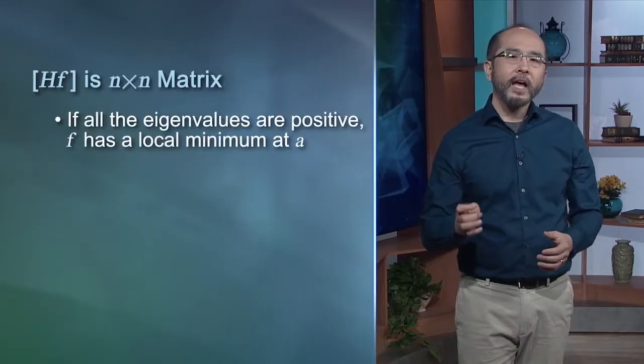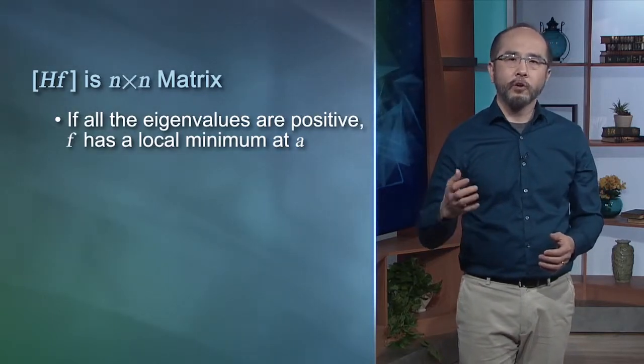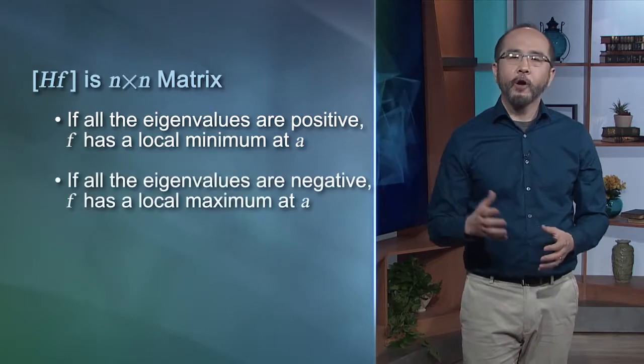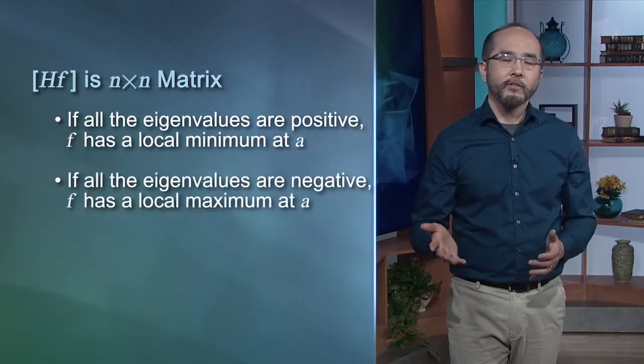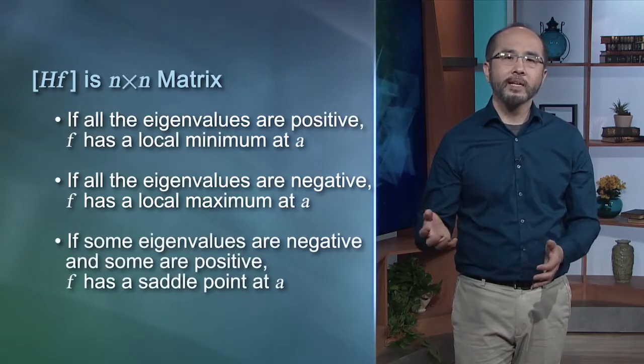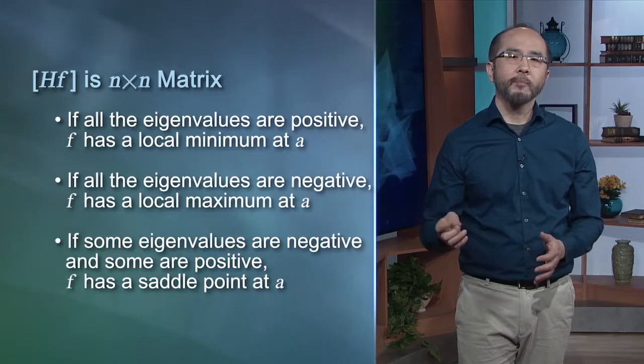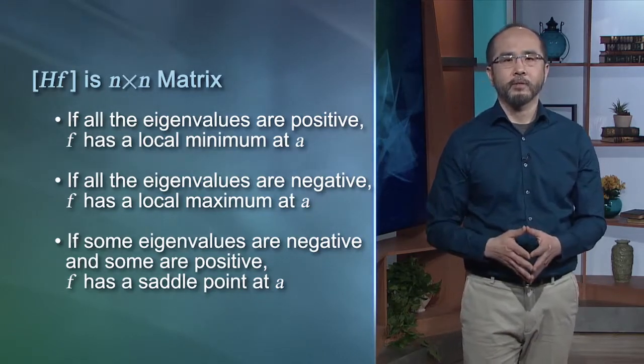Turns out, though we won't show it here, that if all the eigenvalues of Hf are positive, the critical point is a local minimum. And if all the eigenvalues are negative, then you're at a local maximum. And if you have some negative and some positive eigenvalues, then you have what's called a saddle point, with some up and some down directions.